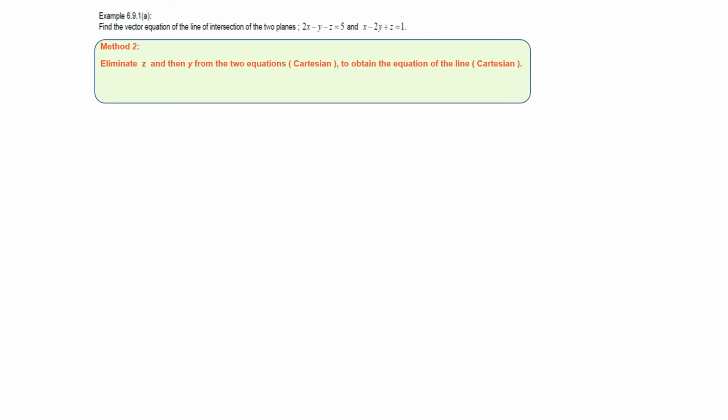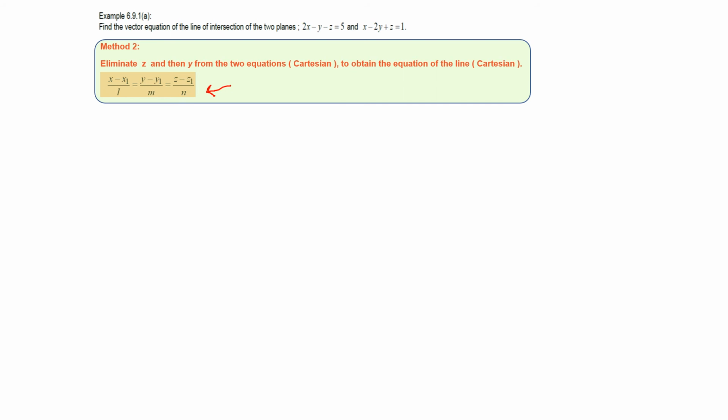Now I want to show you another method. This method doesn't need the vector parallel to the intersection line. Instead, we solve the simultaneous equations to look for the relationship between x and y, and then x and z, and you can form a Cartesian equation. How to do it?